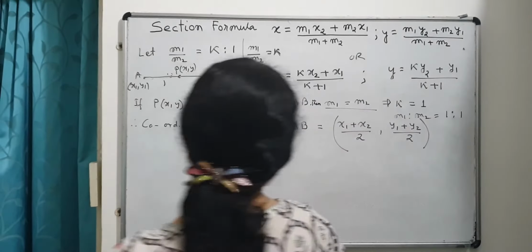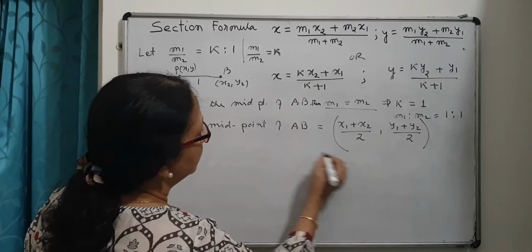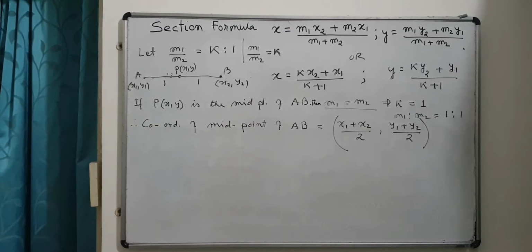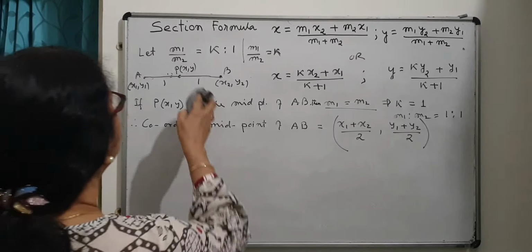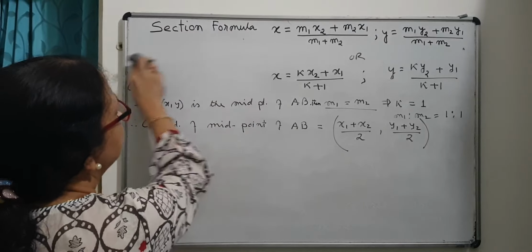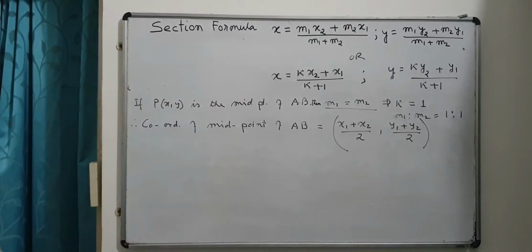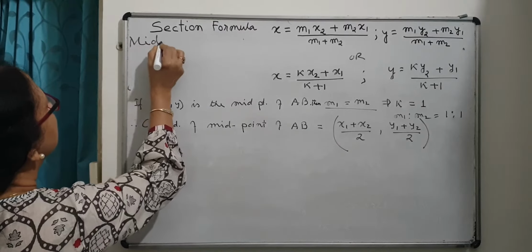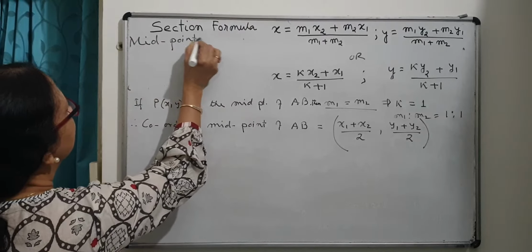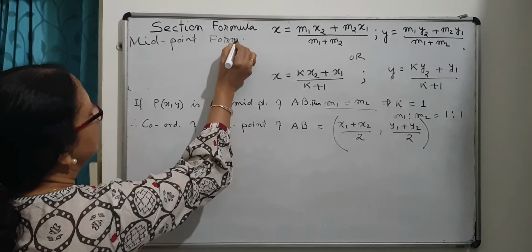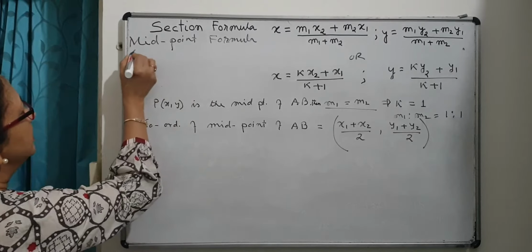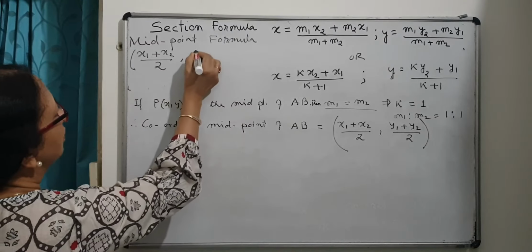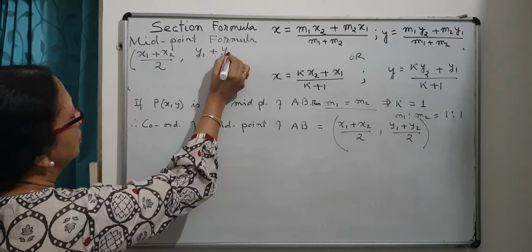Let me write down the section formula, and let me write down the midpoint formula, which is a special case of the section formula, given by ((x1 plus x2) by 2, (y1 plus y2) by 2).